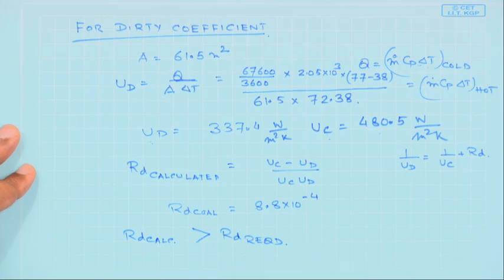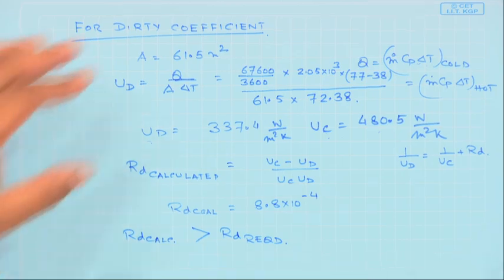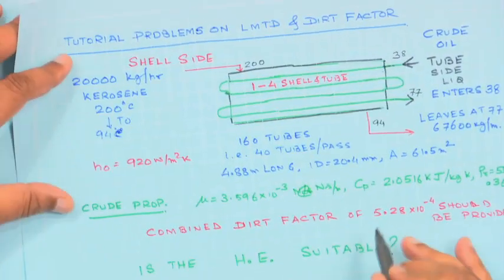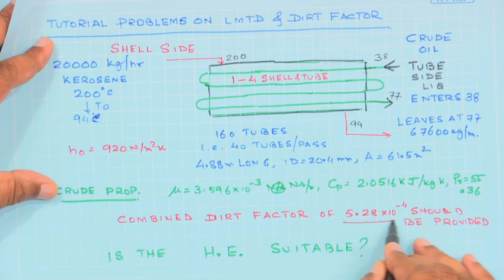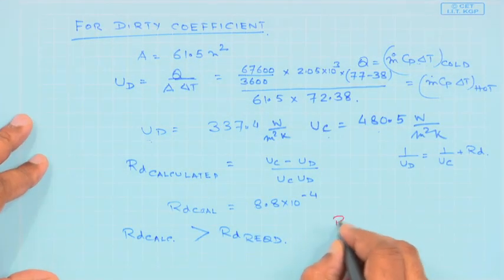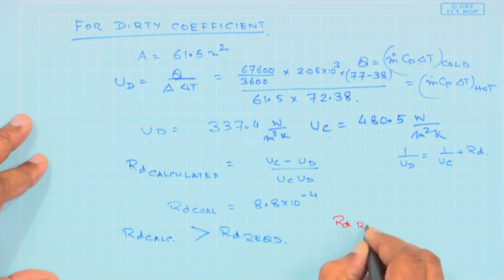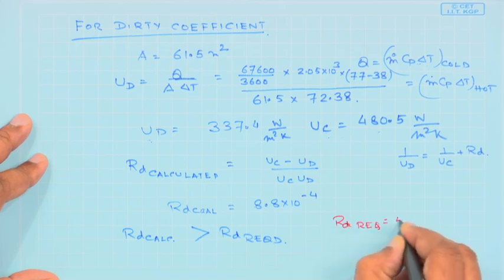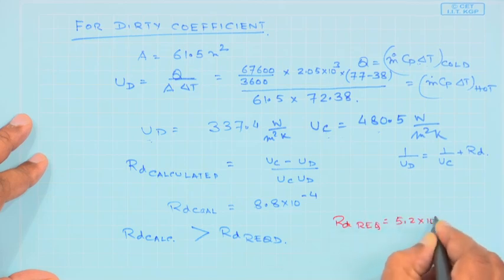The Rd required is provided at the beginning in the statement of the problem, that the combined Rd factor should be 5.8 into 10 to the power minus 4. So, Rd required is 5.2 into 10 to the power minus 4.